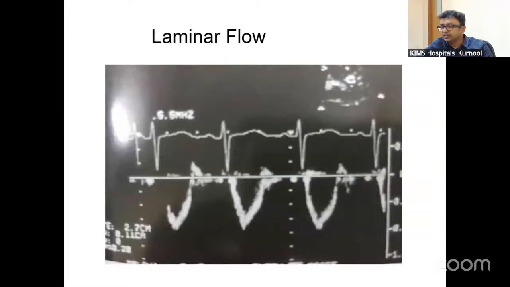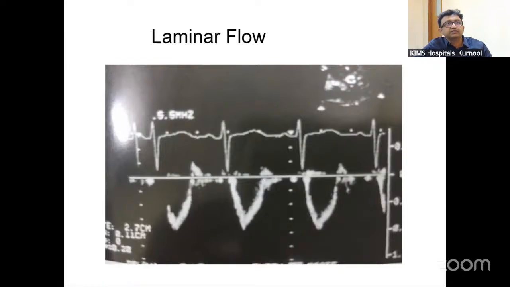So the flows can be broadly classified again into laminar flows and turbulent flows. Laminar flow indicates that the blood flow is smooth and laminar. So all the blood plot is along that narrow graph, right? So this is the laminar flow. There is a central hollowing in that.